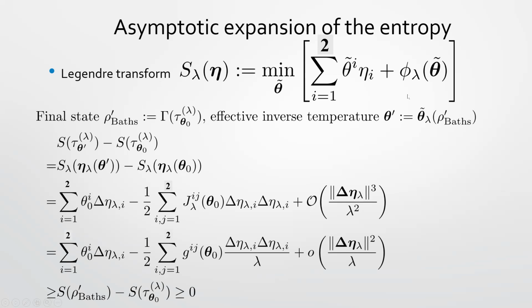So we need a temperature such that the average of that physical quantity is equal to the average of the physical quantity under this final state. So in this way, we need to choose this inverse temperature.